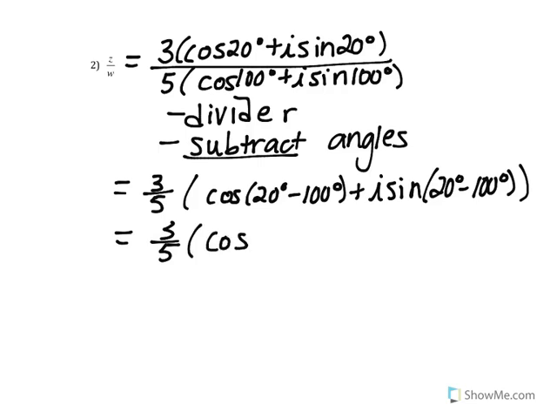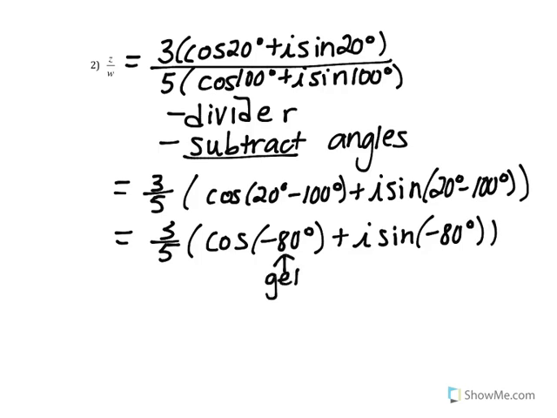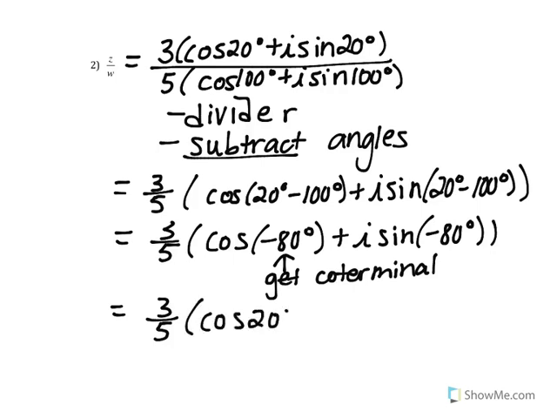Because in this case we get cosine of negative 80 and sine of negative 80. We're going to get a coterminal angle between 0 and 360. So this will equal cosine of 280 plus I sine of 280.